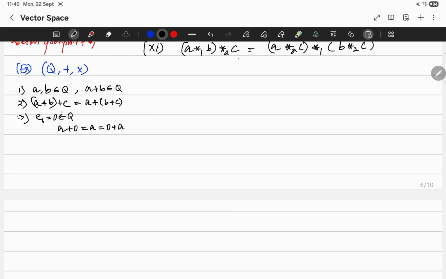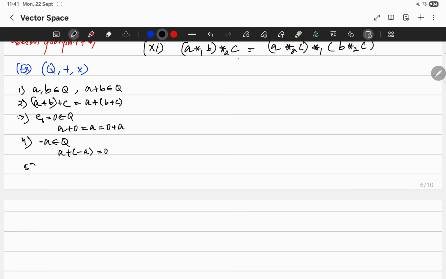So this is the identity with respect to the first operation plus. Fourth, we have the inverse, that is minus a, with respect to each rational number a, such that a + (−a) you will get 0.